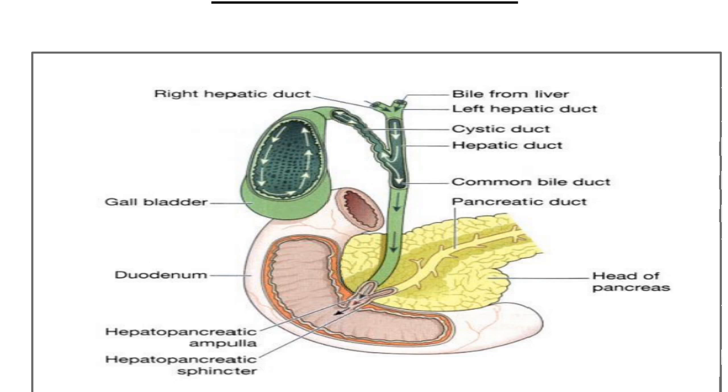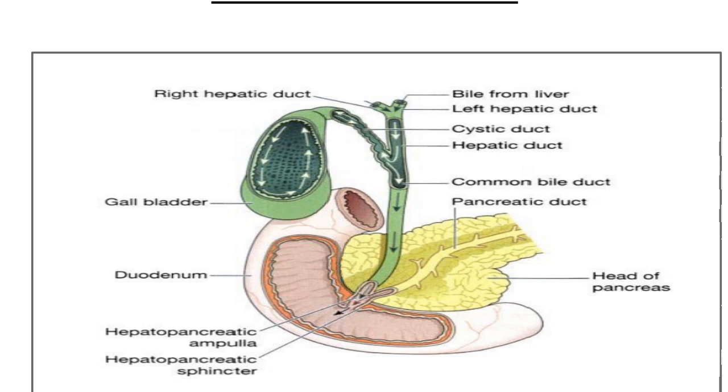Then we come down to the hepatic duct itself, and going towards the gallbladder, we have the cystic duct. Just there, we've got the gallbladder. From the gallbladder, we come down to the common bile duct.